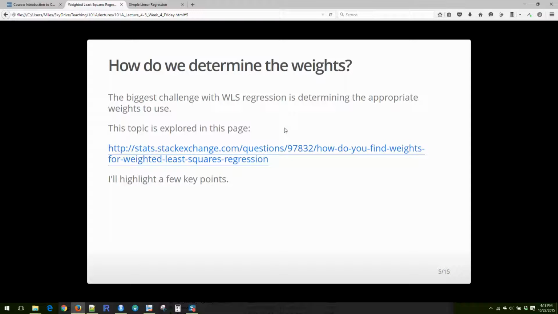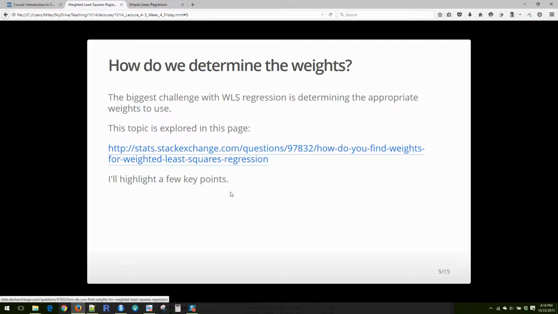Okay, so the biggest challenge with weighted least squares regression is determining the appropriate weights to use. There are some guidelines for how to determine the appropriate weights, and we also say if you can't use these guidelines, weighted least squares is probably not the best method to use.